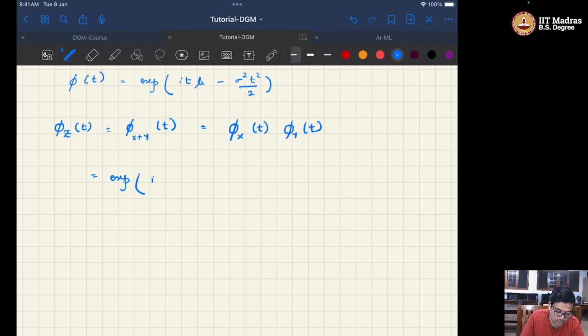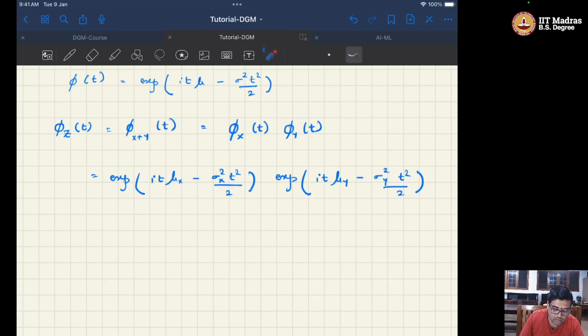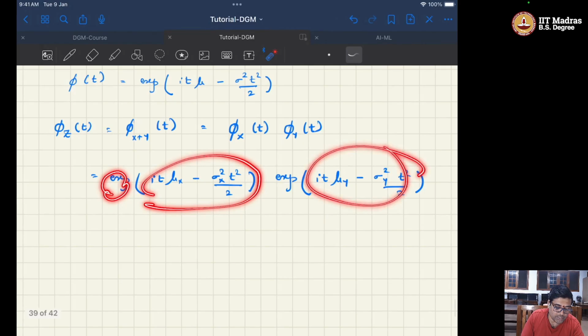Now substituting this specific equation, you will get exp of i t mu X minus sigma square t square by 2 into exp of i t mu Y minus sigma, okay, this is sigma X square, this is sigma Y square, t square by 2. Now this is e to the power of something into e to the power of something, so that is e to the power of this plus this.